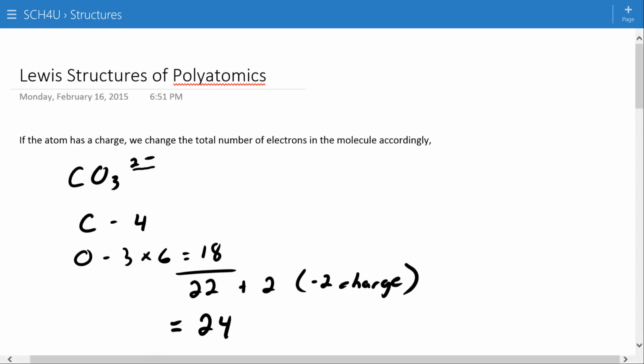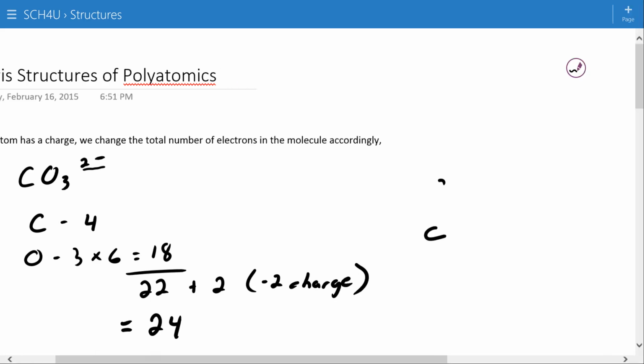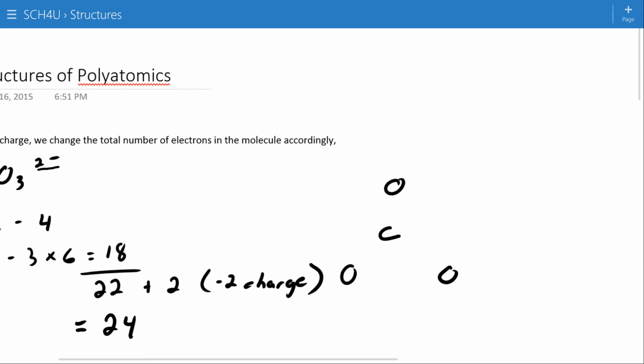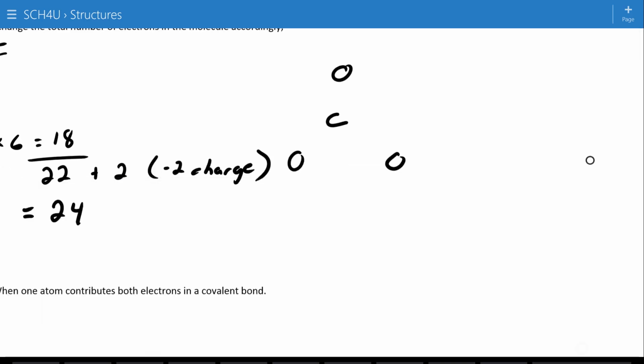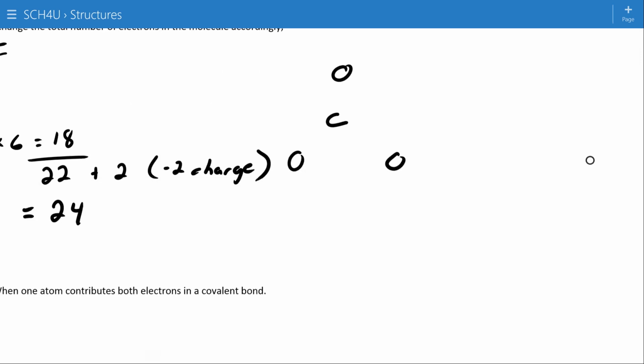Here we can see we have 1 carbon and 3 oxygens. So we put the carbon in the middle, and we put the oxygens around the outside, just like that. Now the way we're going to handle this is we're going to put 1 bond to each oxygen first, and then since we don't have any hydrogens here, we're going to octet each atom, or fill each atom up until they have 8 electrons.